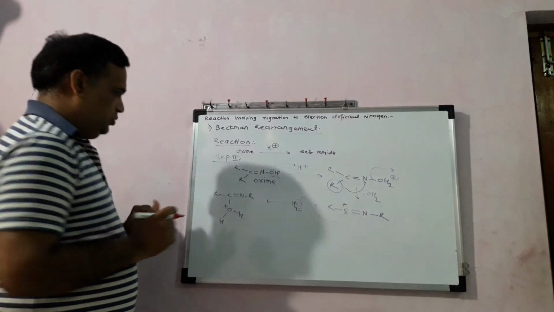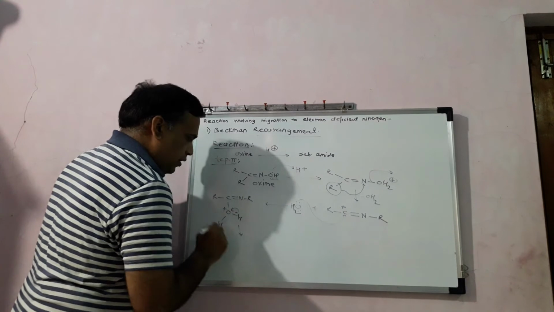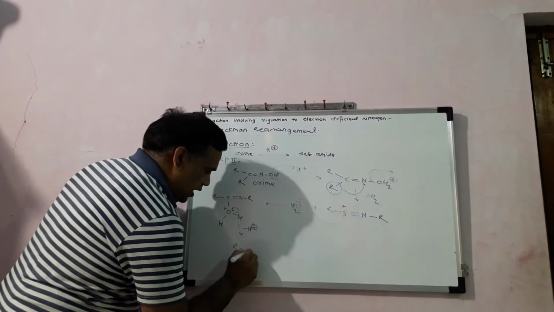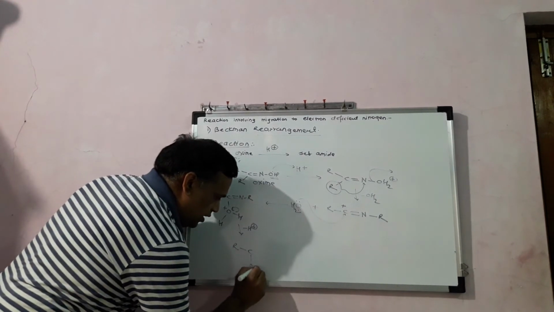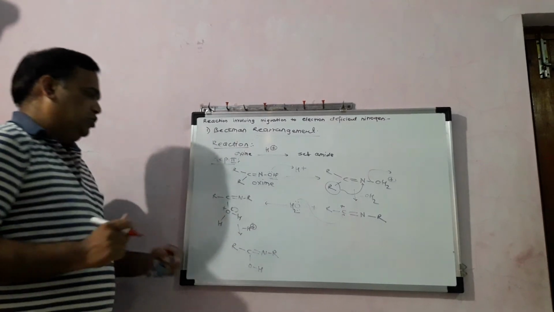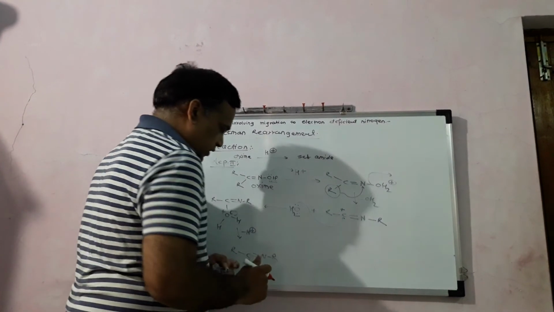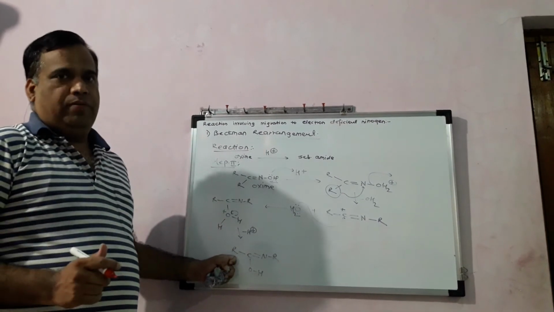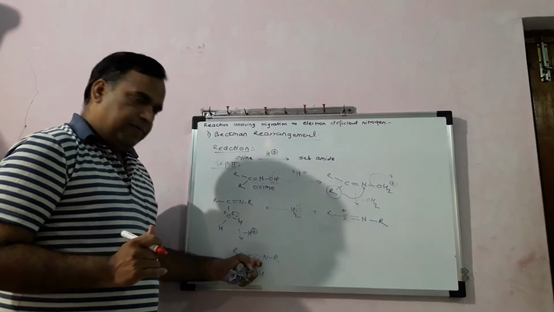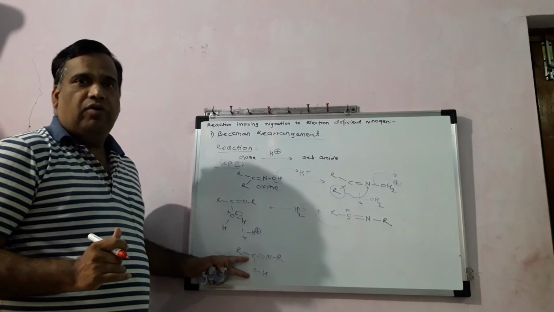Now this is an electropositive species, so we can eliminate H plus from here. So we get R, C, OH, double bond N R. We can tautomerize it, as it is in the enol form, because the double bond is here and the OH is here. So we can convert it into the keto form.